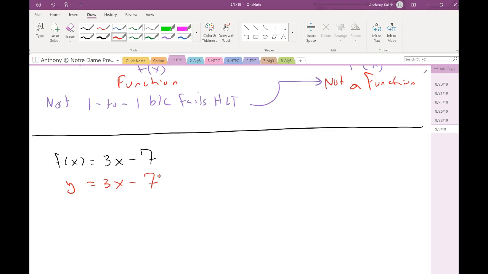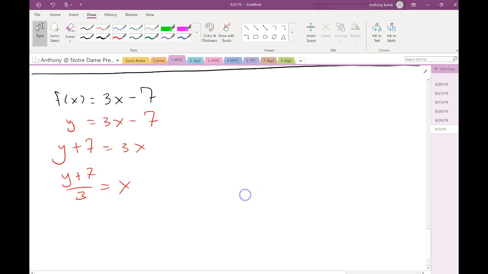But that's a rare instance. So, getting the x by itself, I'll add 7 to both sides, and then divide both sides by 3. And then we'll swap the x's and y's.